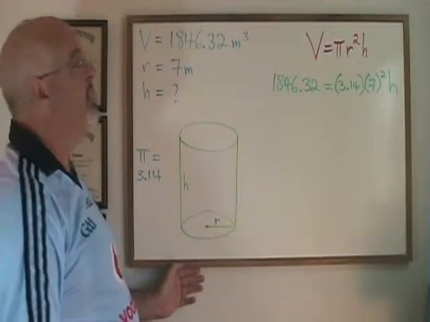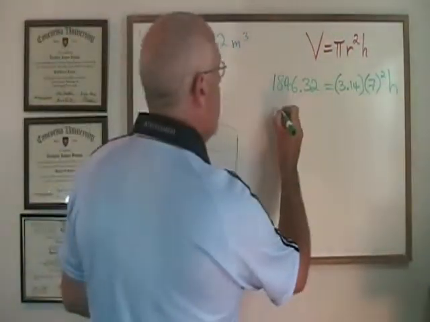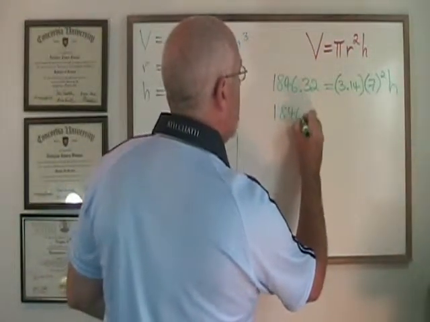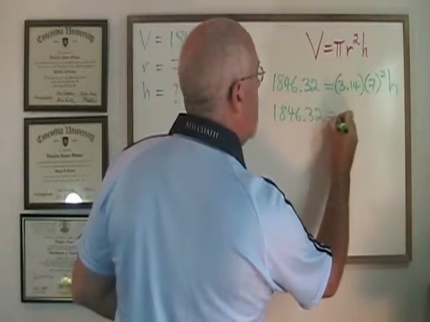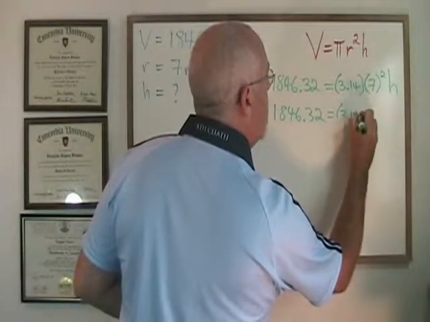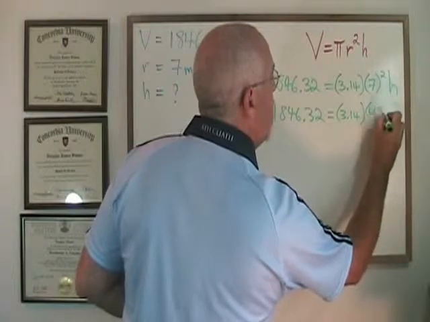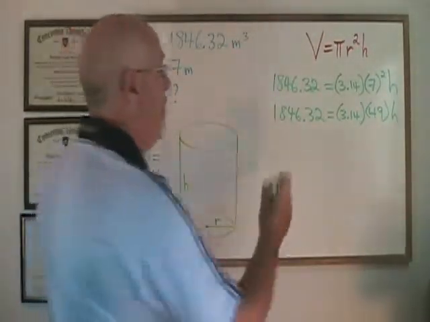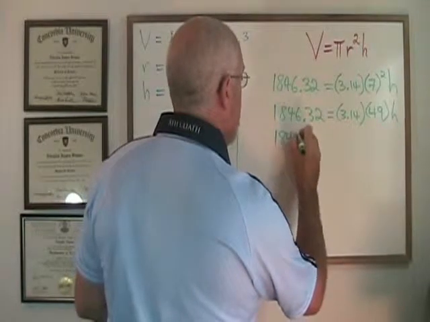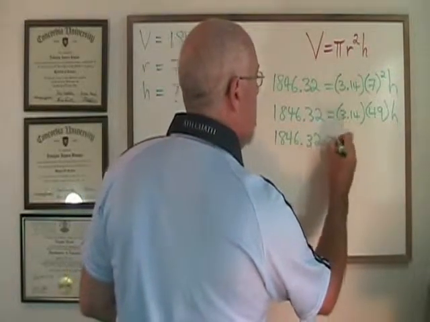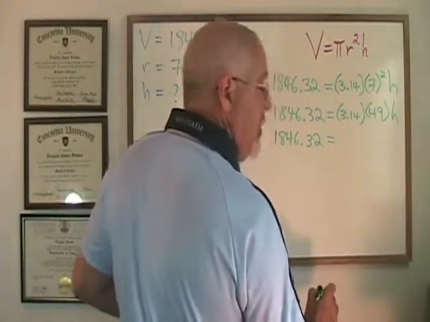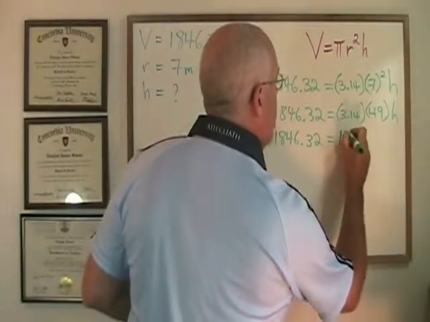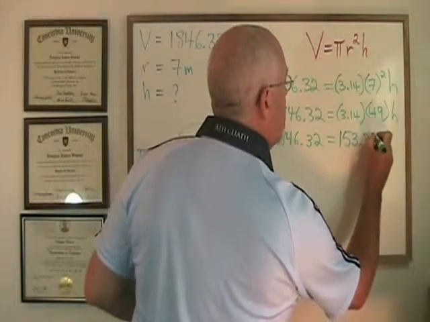First thing we'll do is square the 7 and get 49. And then multiply 49 by 3.14, which gives us 153.86.